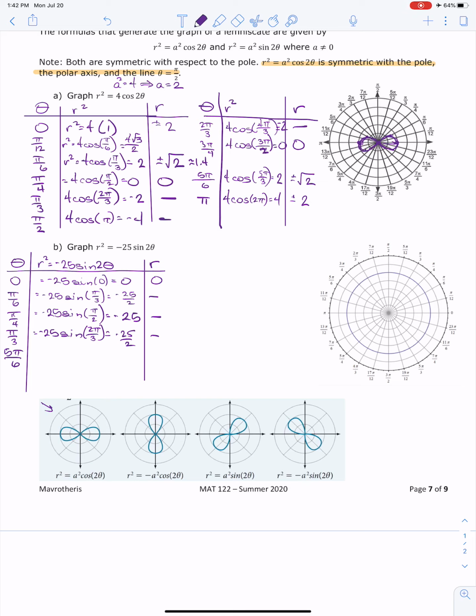5 pi over 6, negative 25 times the sine of 5 pi over 6, which is positive 1/2.